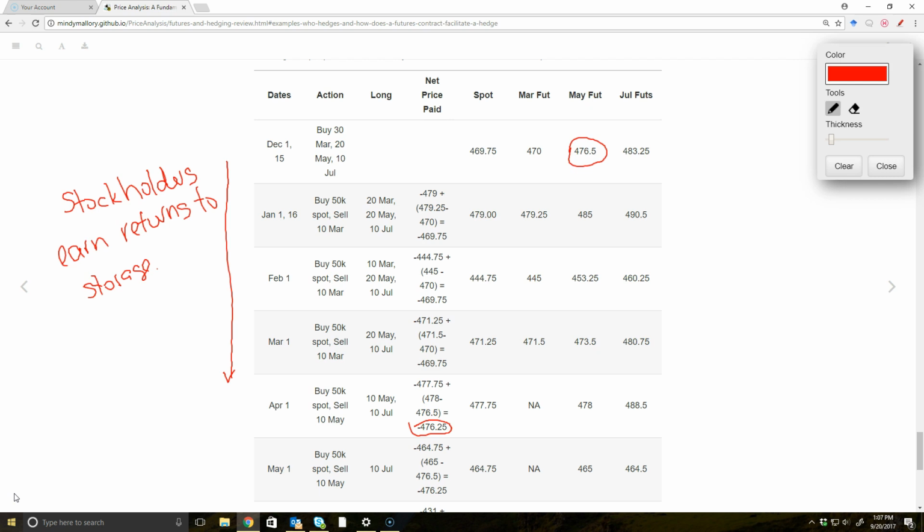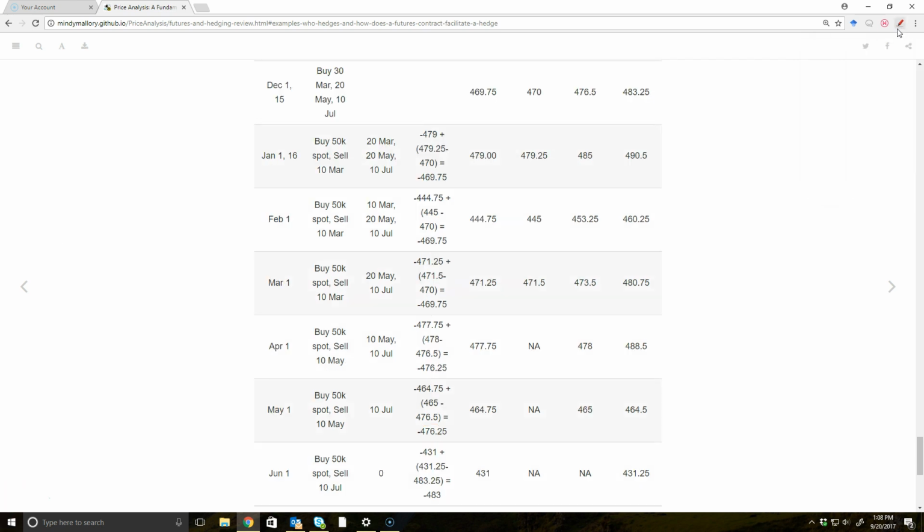And when we hedge, what we're doing is we're basically locking in that we have to pay exactly this return to storage, or a difference of 6.5 cents. And that's exactly what we've ended up having to do. So you see that we get this number, 476.25, with our purchases in April and May.